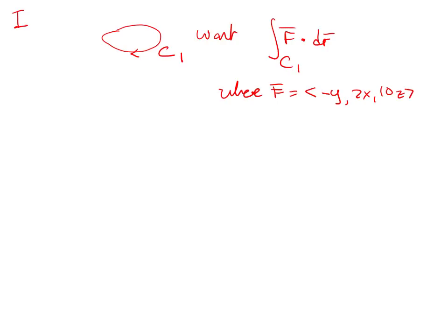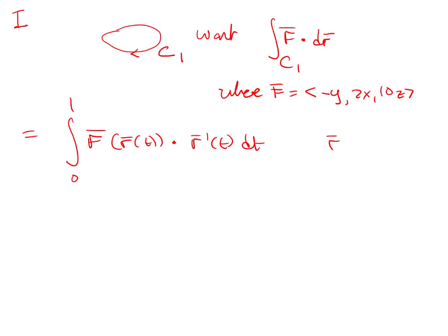So I could just plug it in and crank it out, but why not use Green's theorem? So the first thing to notice is that if I have some parameterization r of C1, this is equal to the integral of F of r dot r prime of t dt.